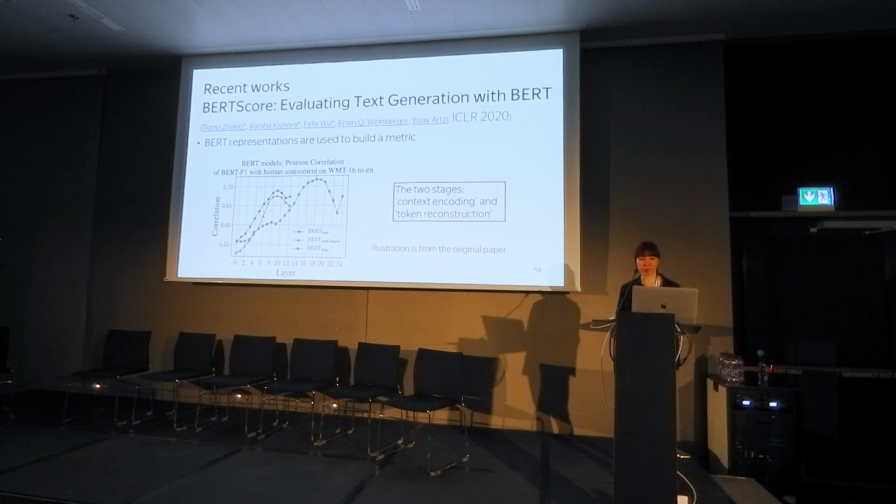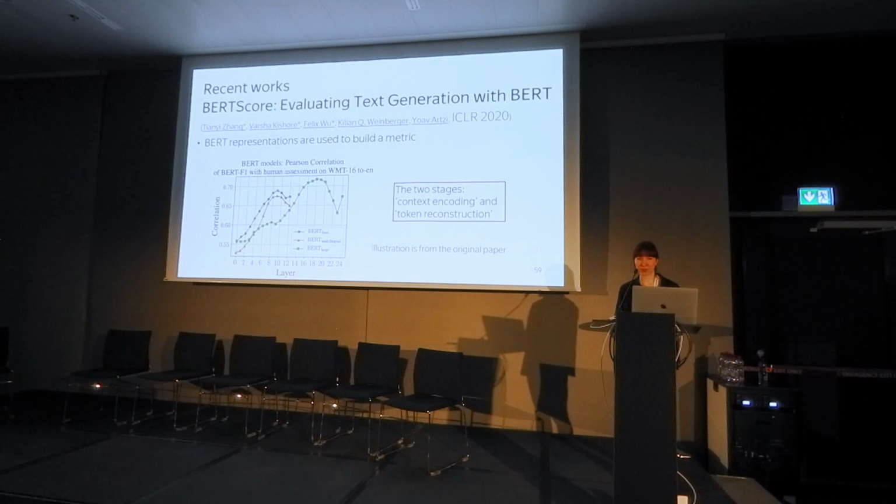Here the researchers tried to use BERT representations to build a metric for evaluation of text generation. They used it for machine translation instead of the BLEU score, because BLEU is n-gram matching. What they tried to do is to use semantic similarity to measure how good the translation quality is.